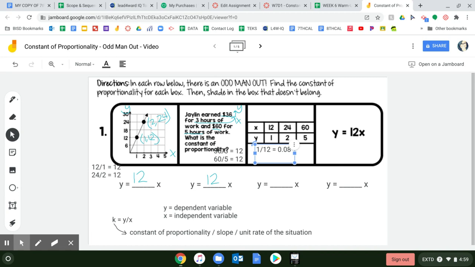We have also 2 divided by 24 is 8 hundredths. And 5 divided by 60 is also 8 hundredths. Okay, so our constant of proportionality here is 0.08.